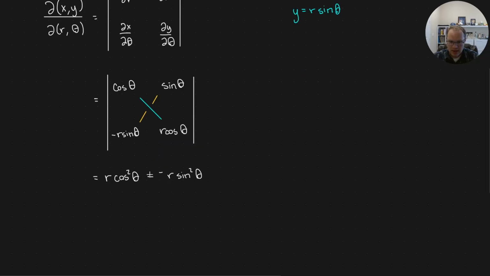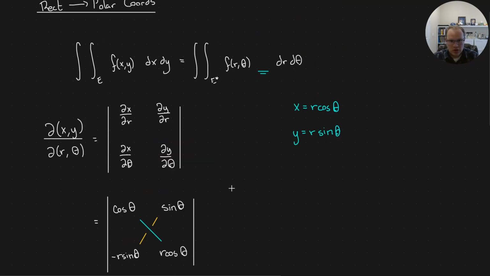Of course, the double negatives become plus. I can factor out the r, leaving me with cosine squared theta plus sine squared theta. Cosine squared theta plus sine squared theta is just 1. And look at that, I do get r, which is just what I expected to get. Okay? So the math works.